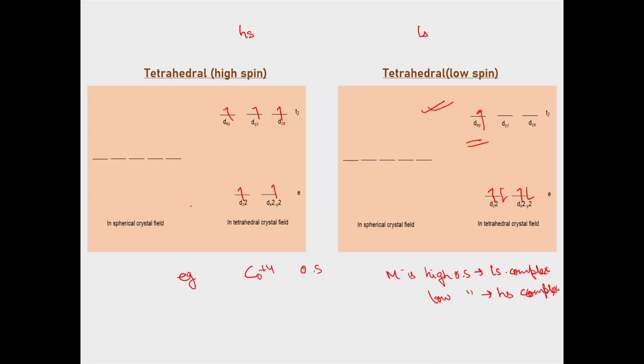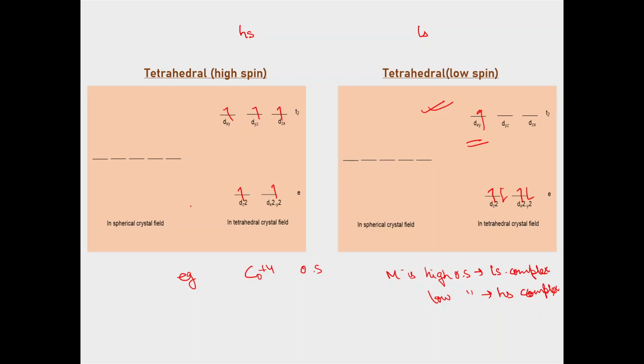Okay, this is applicable for all octahedral complexes. For tetrahedral complexes, mostly we see high spin complexes only. That is because of the high pairing energy required for making a low spin complex.